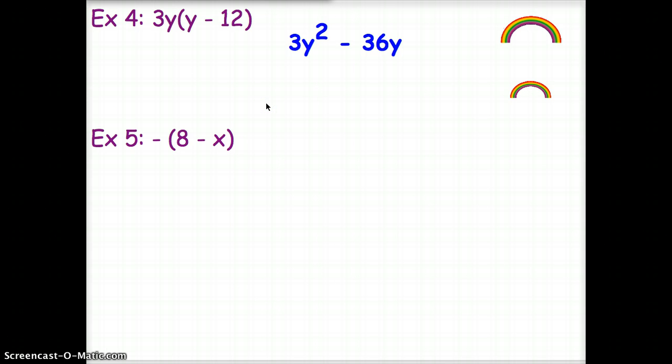Our last example looks like this. It doesn't really seem like there's too much going on in this problem. But I do, in fact, have something in front of the parentheses. And in this case, that something is a negative. So all I'm going to do is distribute that negative to each thing inside my parentheses. And all that's going to do is change the sign.